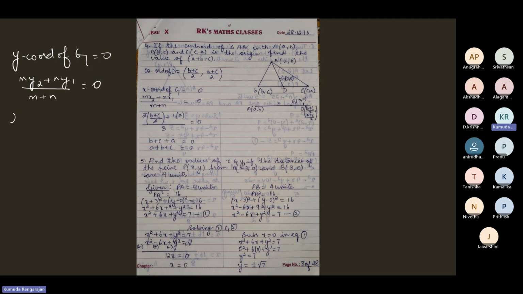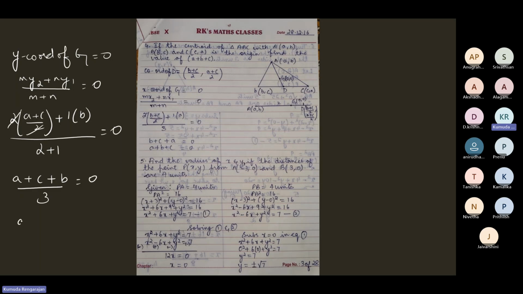M, that is 2, into y2, which is (a plus c) by 2, plus n, 1, into y1, b, by m plus n, 2 plus 1, is equal to 0. So 2 cancels out. (a plus c plus b) by 3 is equal to 0. So a plus b plus c is equal to 0.